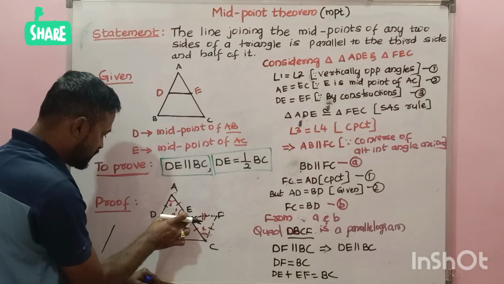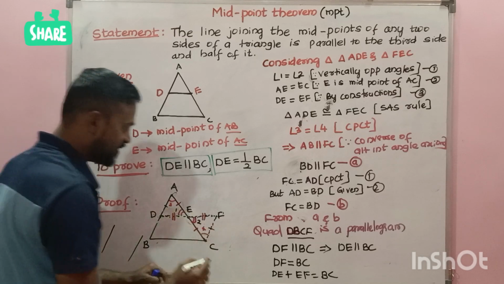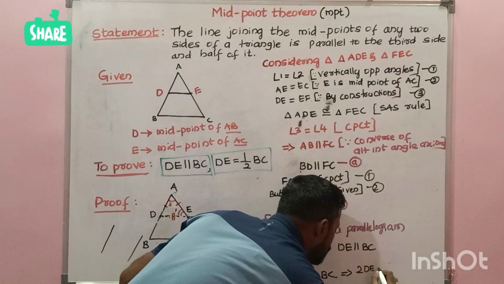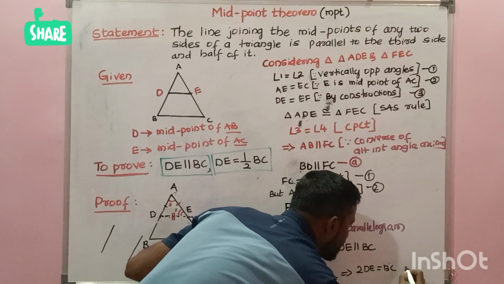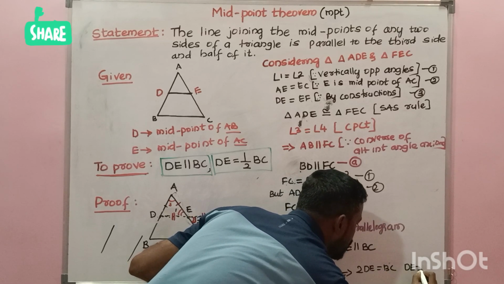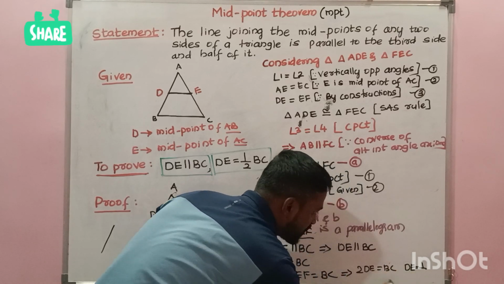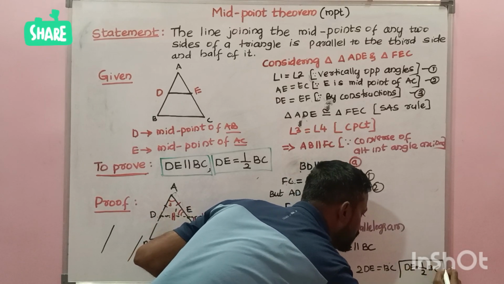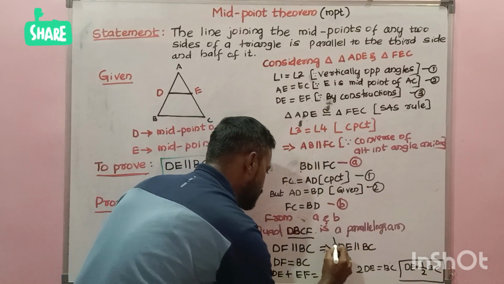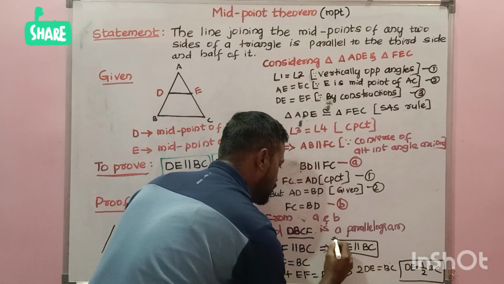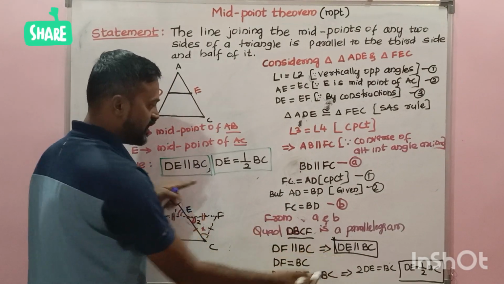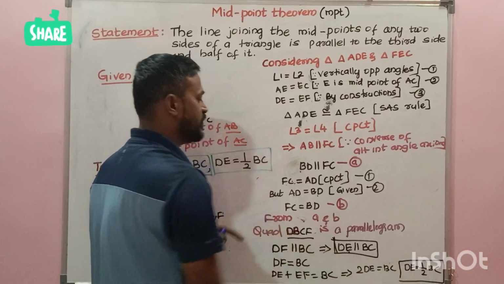Since DE is equal to EF, we can write 2 times DE is equal to BC, and therefore DE is equal to half of BC. So we proved the required things: DE is parallel to BC and DE is half of BC.